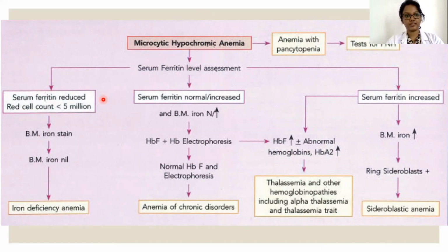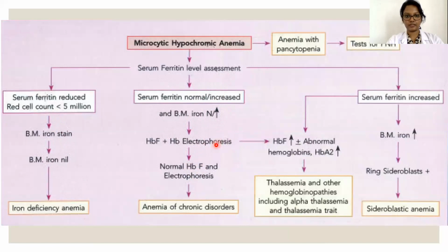If the serum ferritin is reduced, or if the red cell count is less than 5 million, you do a bone marrow iron stain to see the bone marrow iron stores. If it is nil, you know it is iron deficiency anemia. If the serum ferritin level is normal or increased, and the bone marrow iron is normal or increased, you have a further test. You check the fetal hemoglobin and hemoglobin electrophoresis. If they are normal, that means it is anemia of chronic disease.